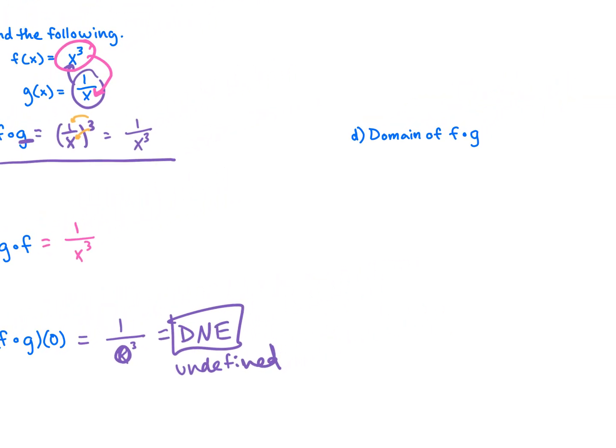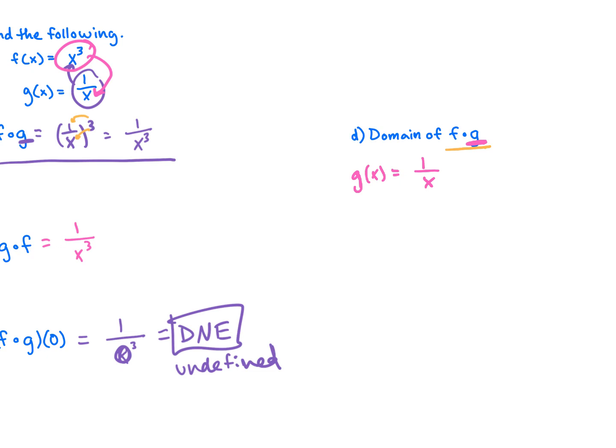The question also asks us to find the domain of f of g. So when we're looking for the domain of a composite function, we always want to check the domain of the inside and the domain of the whole thing. So let's find our domain for g of x. So g of x is 1 over x.